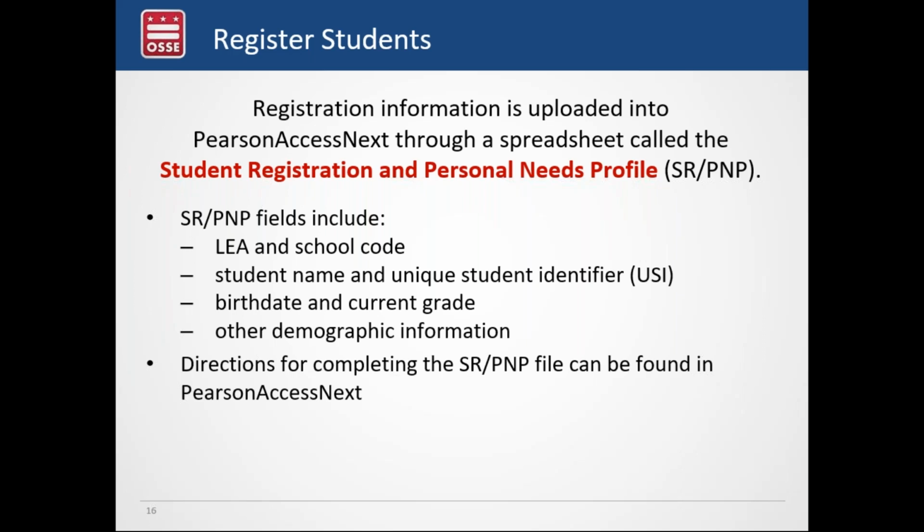It includes all of their information. You can download it, you can make changes, and then you can import it back into the system so that the system activates those changes for the student. Those changes may be registration, maybe updating a birth date if there was some sort of inaccuracy. It may also be putting in those personal needs profile information and giving that student an accommodation or an accessibility feature.